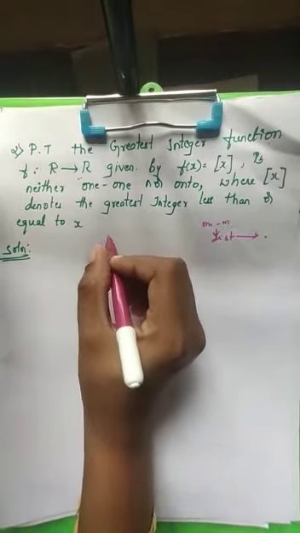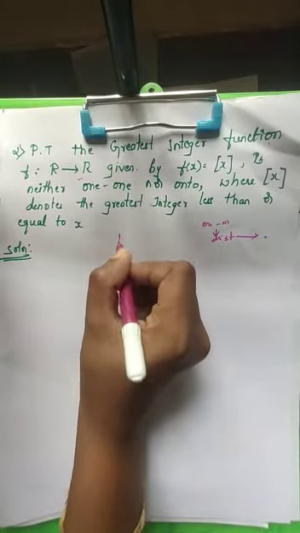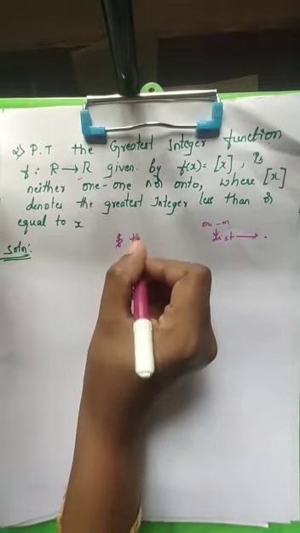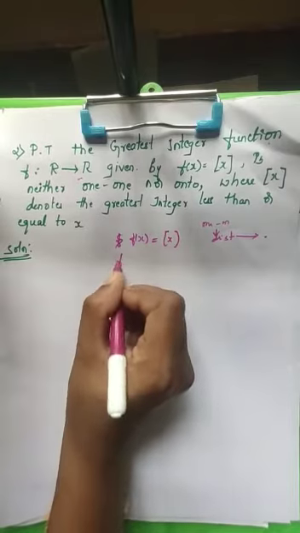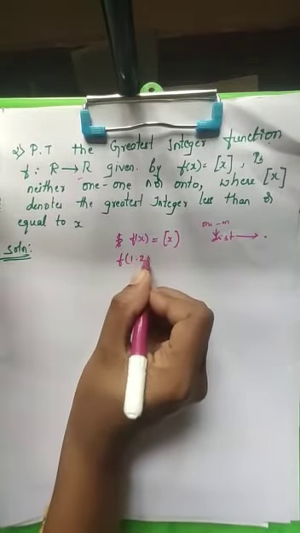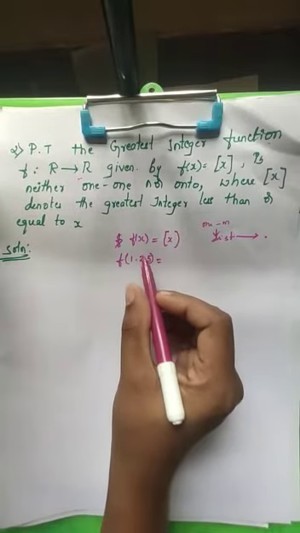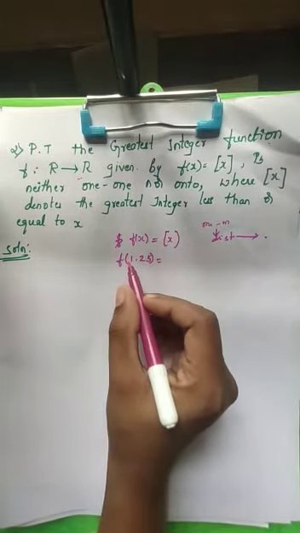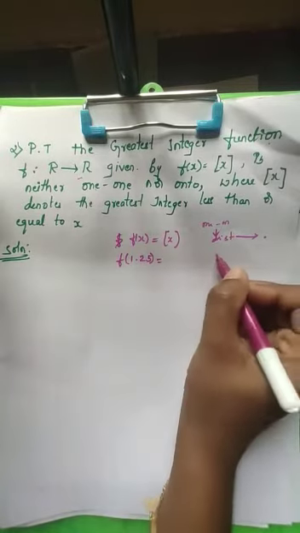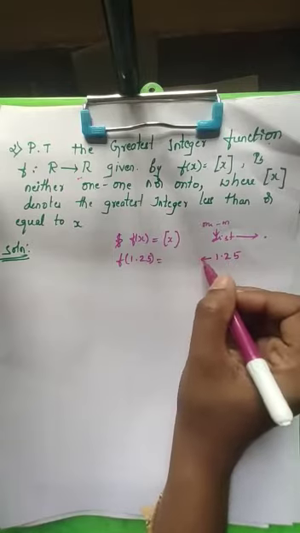So how do we define the greatest integer function? What is f of 1.25? You have to write the integer which is less than or equal to 1.25. What is the nearest integer which is less than 1.25?